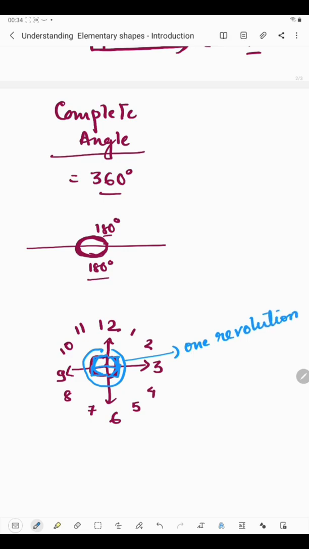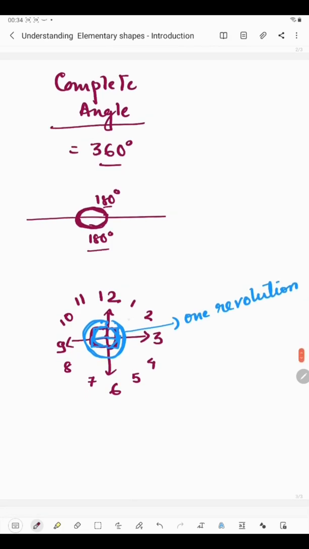So one revolution means one complete angle. Now we can see this type of revolution when the hands of a clock move from one position to another position, it turns through an angle. Here we can see the angle, isn't it?